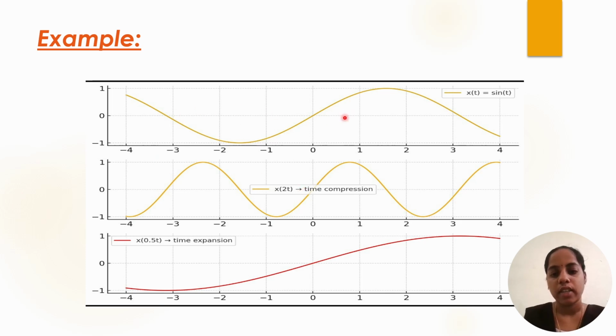This is the signal x of t, x of t sin t. And this is the time compression of the signal, amplitude -1 to 1, and the time period is -4 to 4. And this is the time expansion of the signal. Amplitude is -1 to 1, and the time period is -4 to 4.